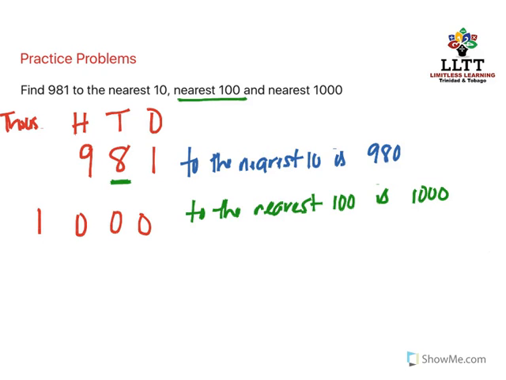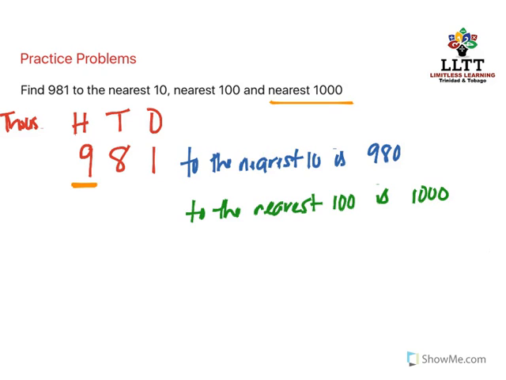Okay? And the last part, we want to find 981 to the nearest 1,000. So when we're looking at the nearest 1,000, we look at our hundreds digit. Our hundreds digit is 9.